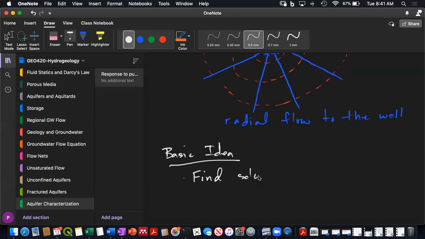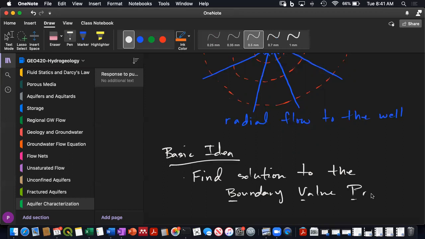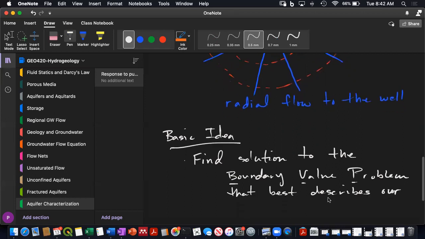Find the solution to the boundary value problem that best describes our experiment.